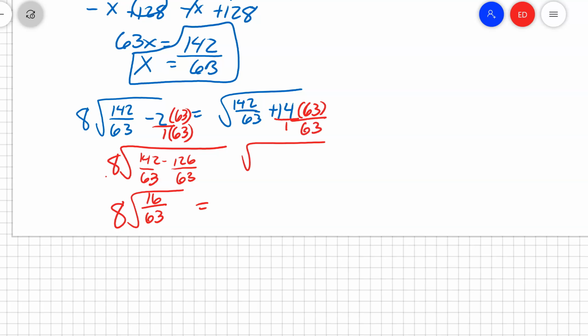So then you're going to have 142/63 plus 14 times 63, which is going to give us 882 divided by 63. Now, 142 plus 882 is 1024 over 63.